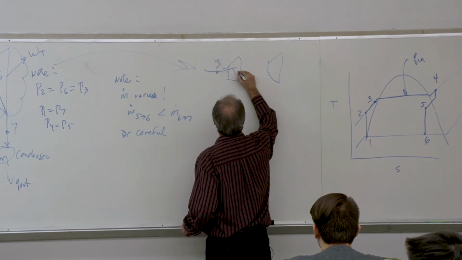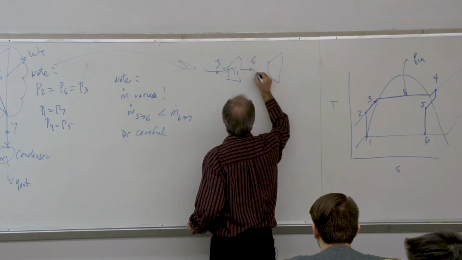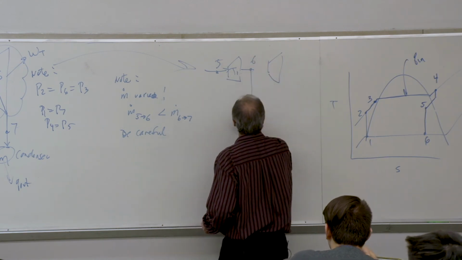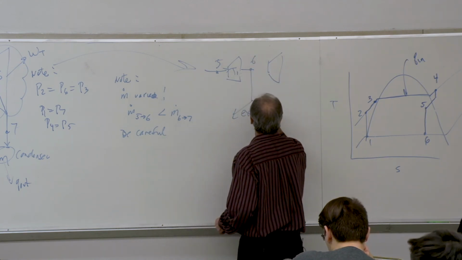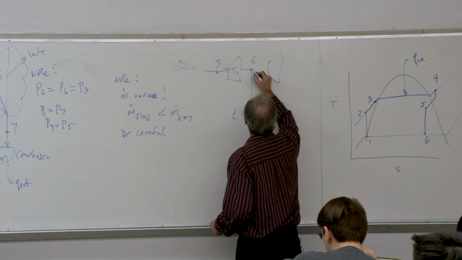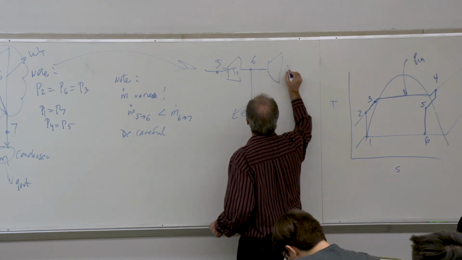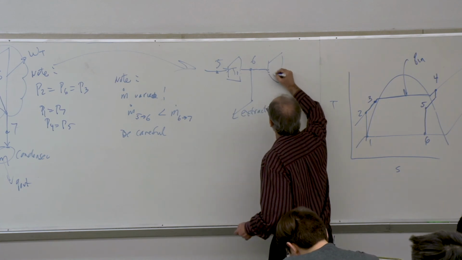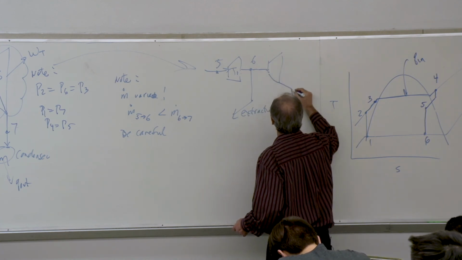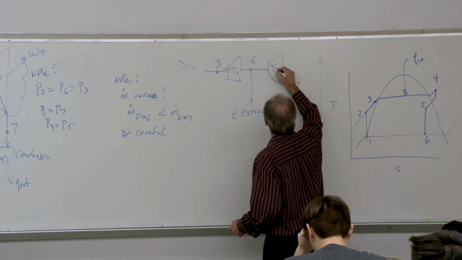We'll leave that turbine here at point 6, at which point we're going to draw off the extraction steam. And then we'll continue into the second turbine. Work will be done in that turbine, and we'll come out of that turbine at point 7.